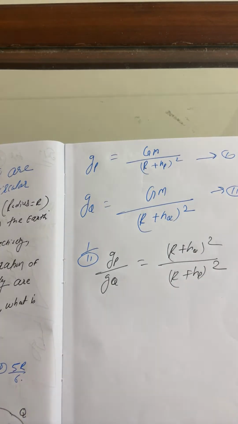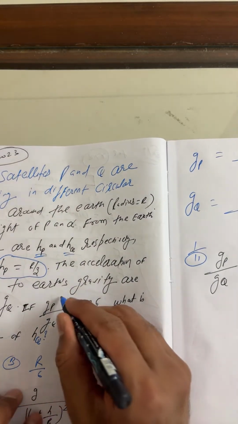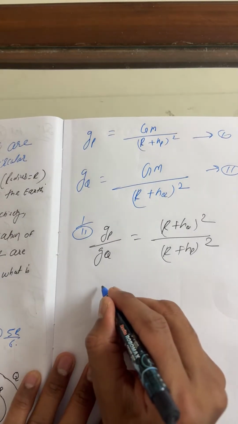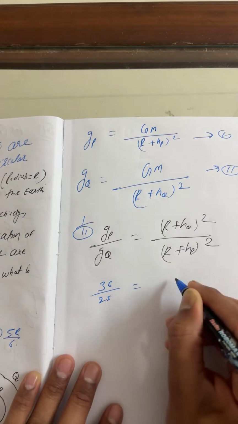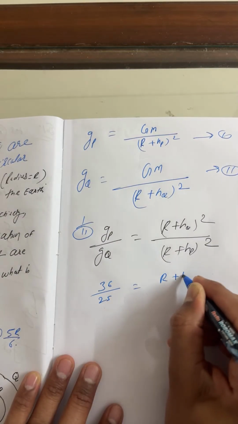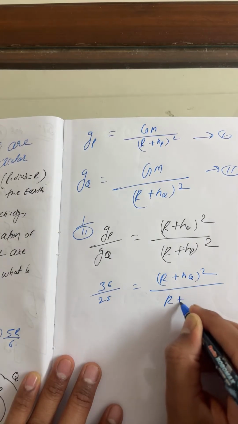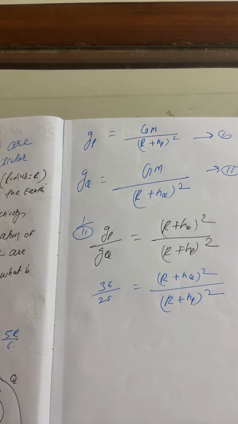GP by GQ is mentioned in the question as 36 by 25. So we can write, students, 36 by 25 is equal to R plus HQ whole square upon R plus HP whole square.